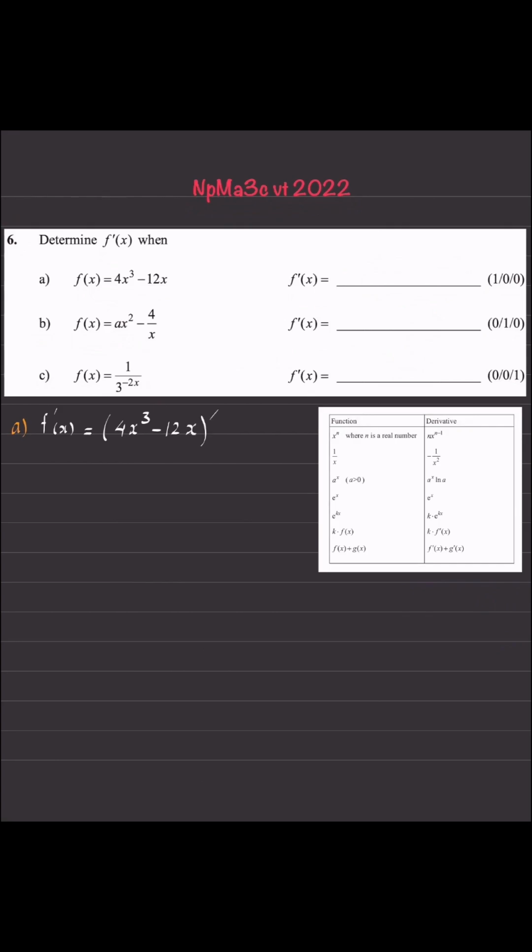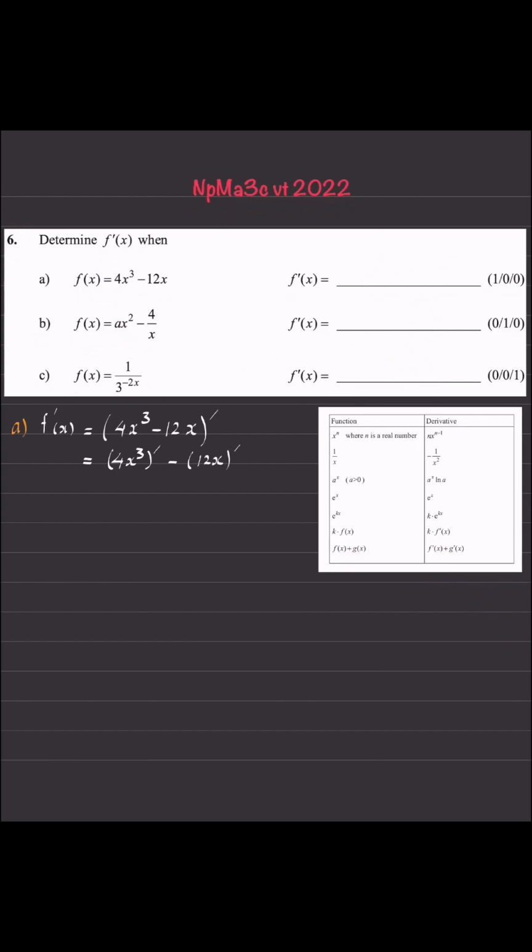But if I have the sum or difference of two functions, I can break it into two parts. I can say the derivative of the first part minus the derivative of the second part. This is due to this formula, but of course for the minus sign.